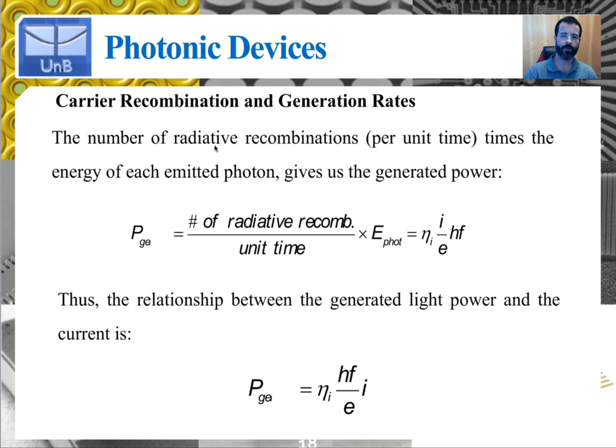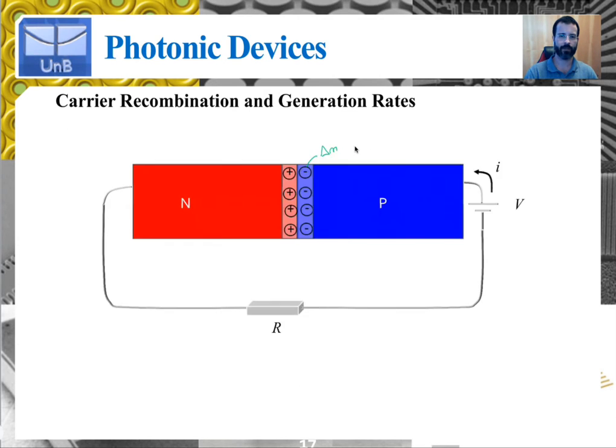Now, the number of radiative recombinations per unit time multiplied by the energy of a single photon will give us the generated power. And the number of radiative recombinations per unit time is equal to the number of recombinations multiplied by the internal quantum efficiency eta I, which we've just seen.